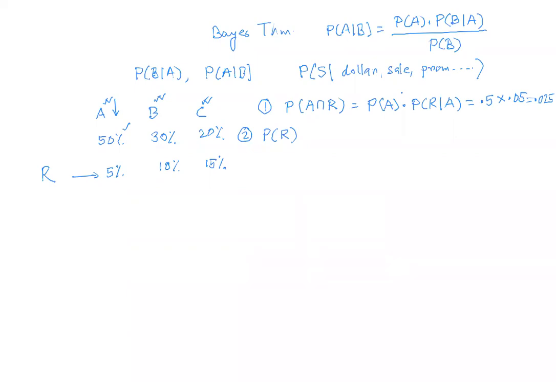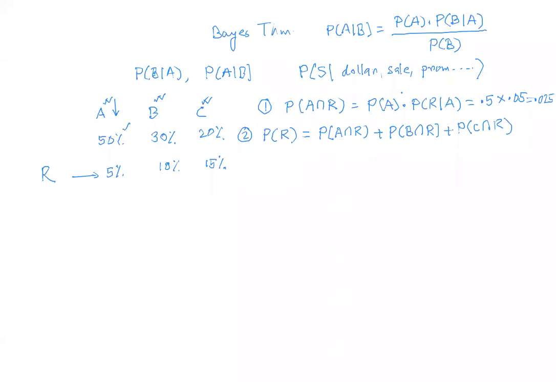which in essence tells you the total probability of reservation problem is going to be the sum of these individual probabilities. Probability of R is the same as the probability of staying at hotel A and having reservation problem, plus probability of staying at hotel B and having reservation problem, plus probability of staying at hotel C and having reservation problem.